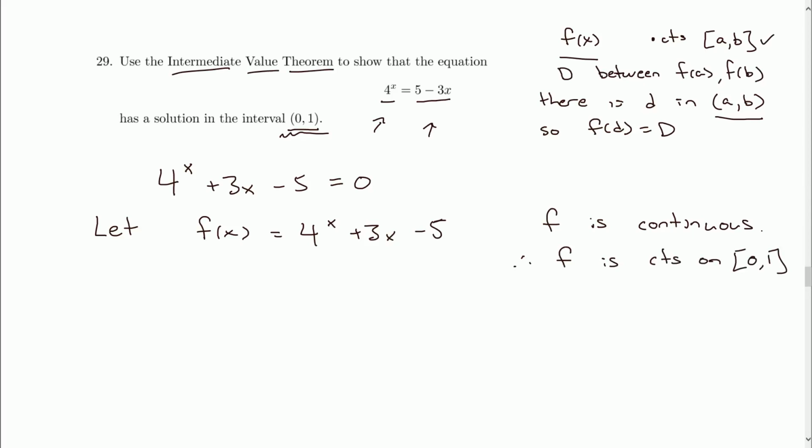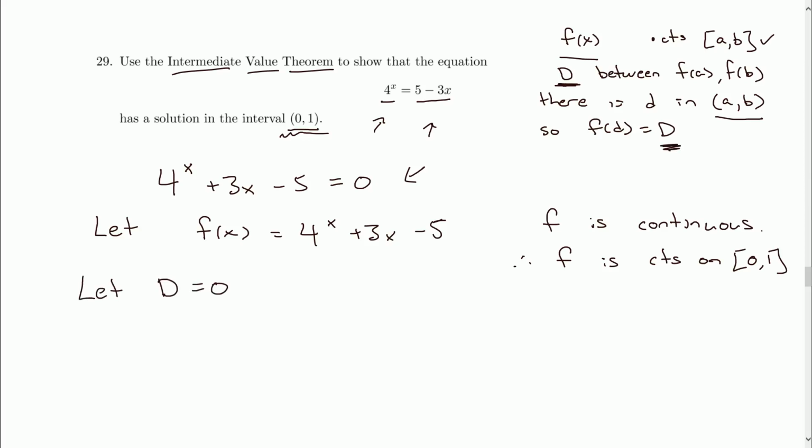Now, in order for this equation to be satisfied, I need to show that at some point f takes on the value 0. Well, that's exactly what the intermediate value theorem is telling me. So the value capital D that we want our function to equal is going to be 0.